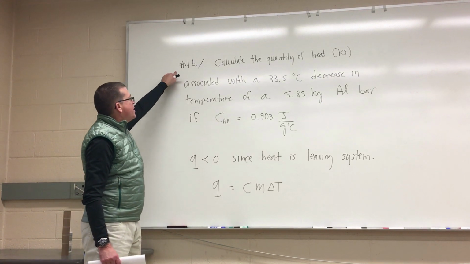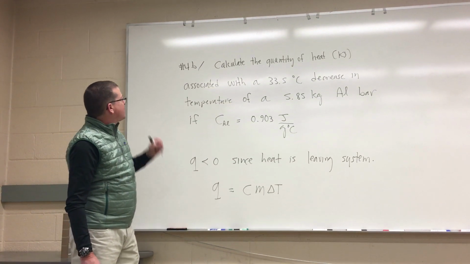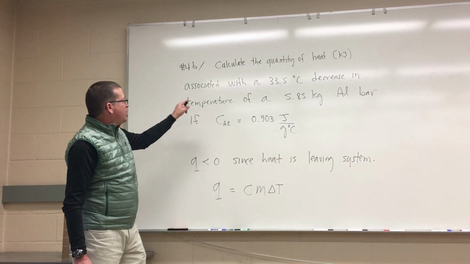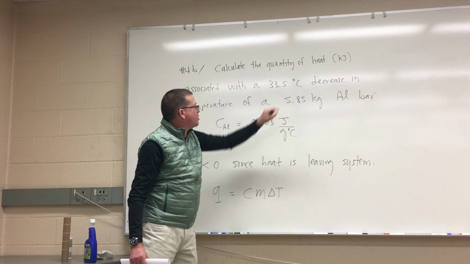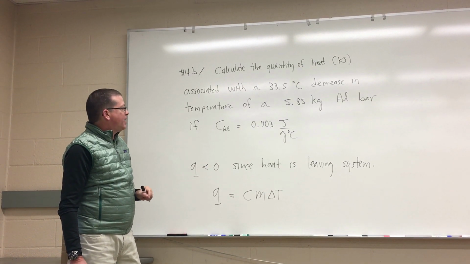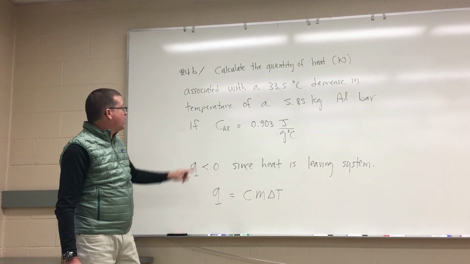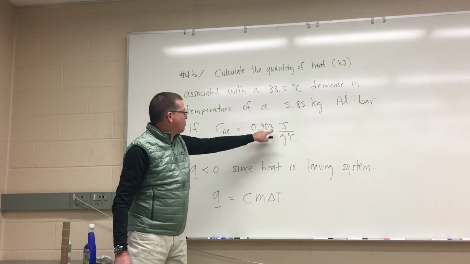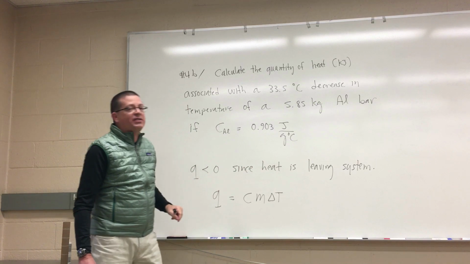This is number 4B in your handout. It asks us to calculate the quantity of heat in kilojoules associated with a 33.5 degrees Celsius decrease in temperature of a 5.85 kilogram aluminum bar if the specific heat of aluminum is 0.903 joules per gram degree Celsius.